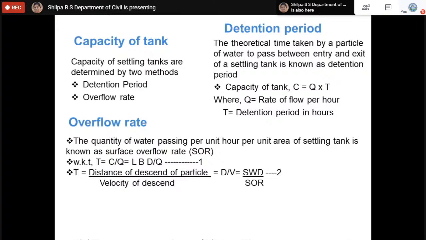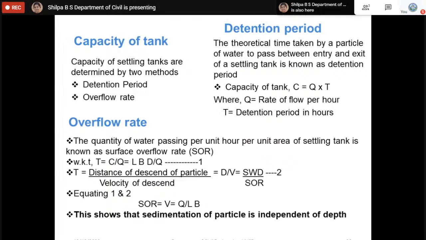With this relation, when we equate these two equations, we get the surface overflow rate equal to volume, that is equal to Q by LB. This shows that the sedimentation of the particle is independent of the depth of the tank.